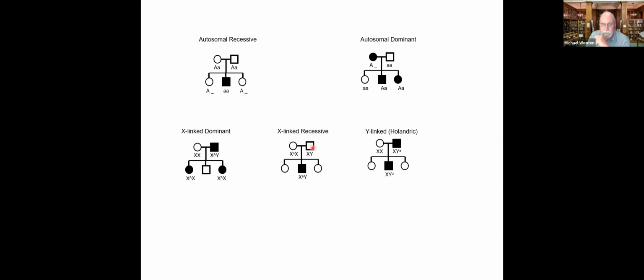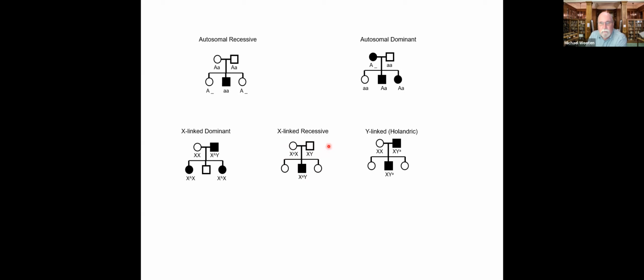X-linked recessive, dads don't have to have it. But what you will see is crisscrossing. It will crisscross over from mom to sons, because sons only get one X, and they get that X from mom. Now, if she's a carrier like this, a heterozygote, only about half the sons are expected to express it, but none of the daughters are expected to have it.